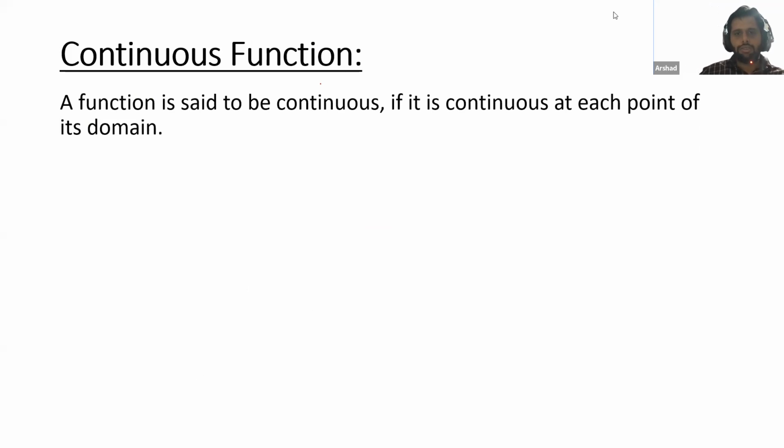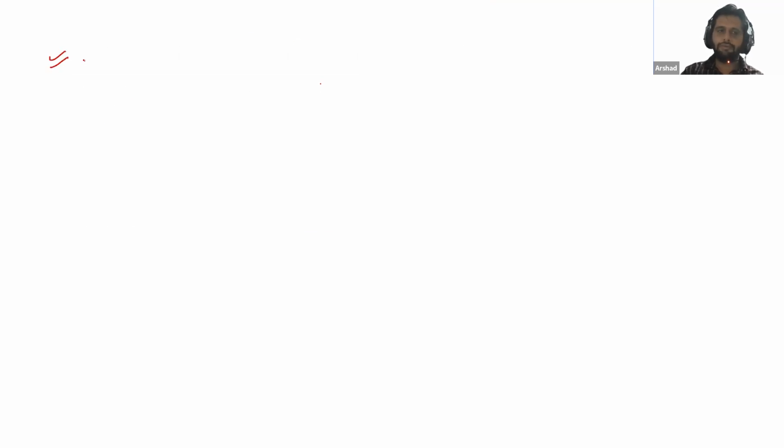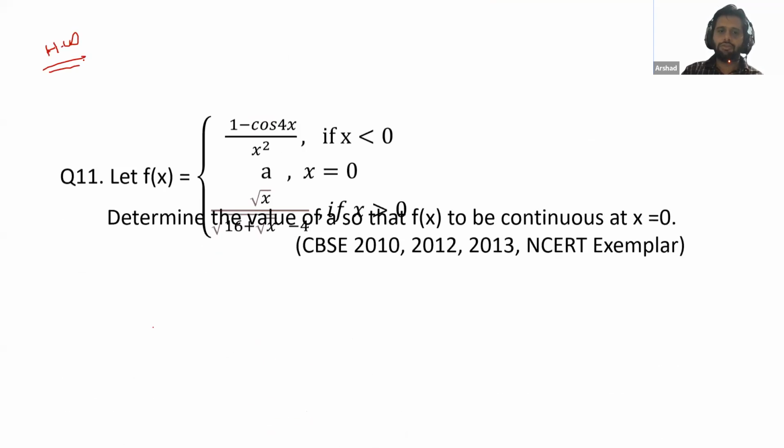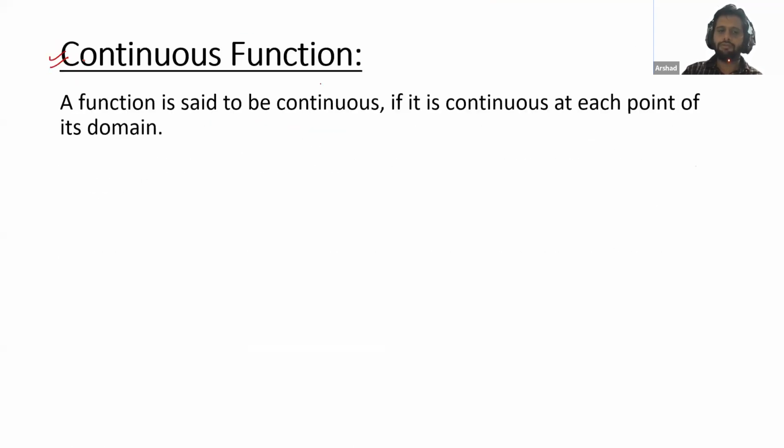Now can anyone tell me what is the difference between this topic and the questions which we have done earlier? Before this one, we have done some questions like this. Abdul, Fahad, Rifat.